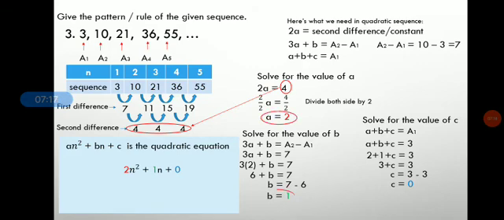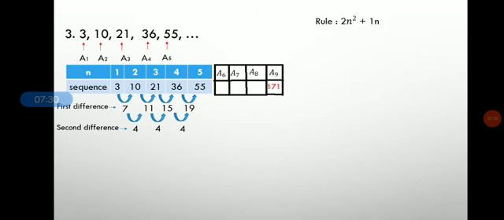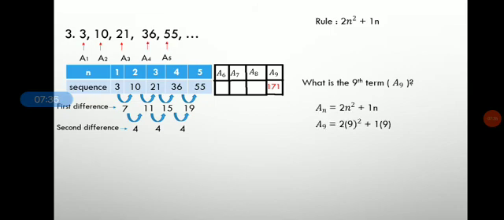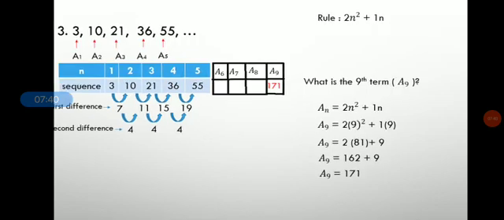So, 2n squared plus 1n plus 0. Or pwede natin muna isulat yung 0. Yan, ang ating quadratic sequence. At eto ang ating pattern. We can use an example. Sabi ang a sub 9 daw ay 171. Tingnan nga natin. So, 9 squared will become 81 times 2 is 162 plus 9, 171.